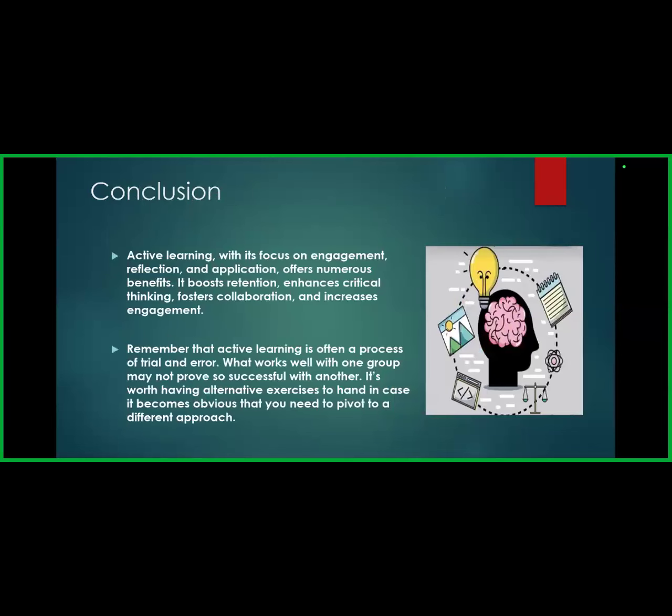So, what we can conclude from this is that active learning is really helpful for the students, and we have to remember one thing, as I told you before, that not all students are the same. Maybe 50% or 80% of students will benefit from this, and a few will not.